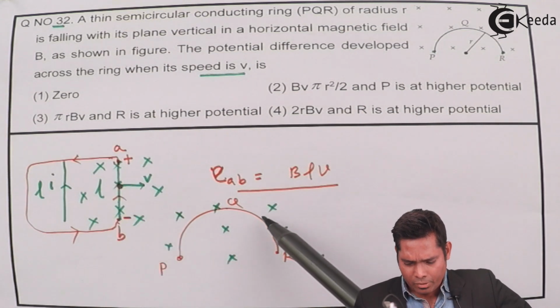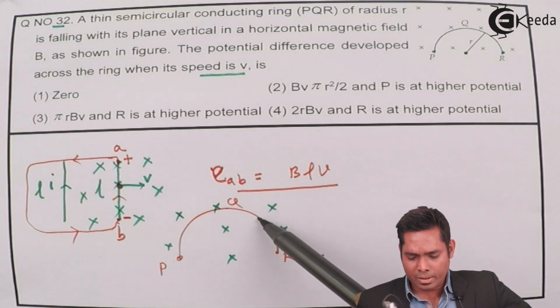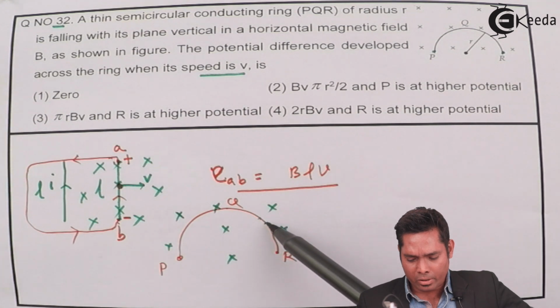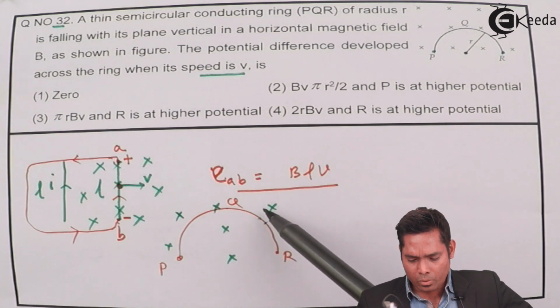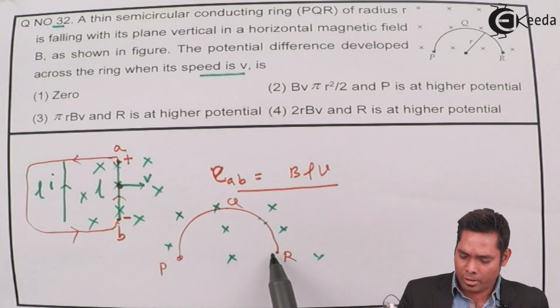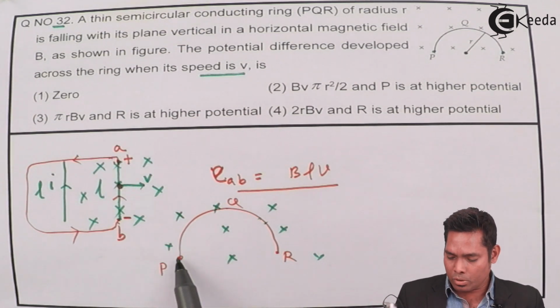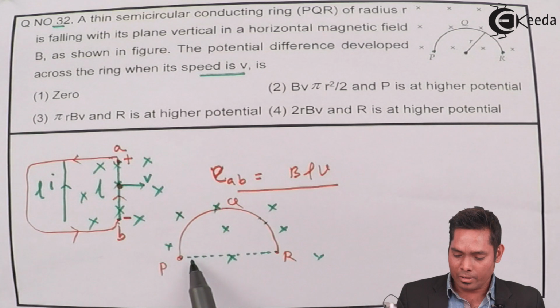But here V is not perpendicular to the length, because the velocity is downward while the length is not perpendicular to it. So I have to consider each part and take the component. To find the effective length between these 2 points, I take the projection of this length on this line, and this is the effective length.